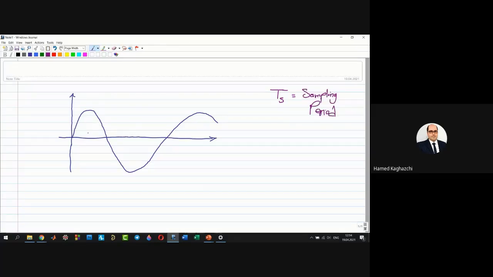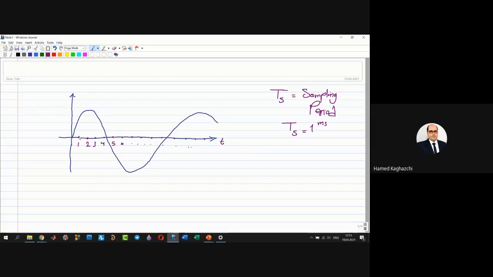Suppose that I determine my sampling period will be, I don't know, 1 millisecond. This is my Ts. Now I determine the periods, because Ts is 1: this is 1, 2, 3, 4, 5, 6, up to the end.